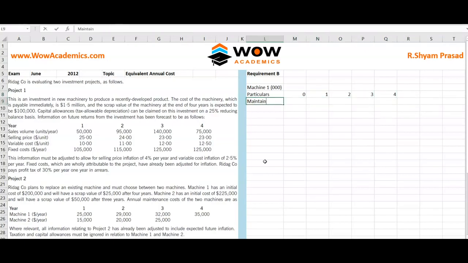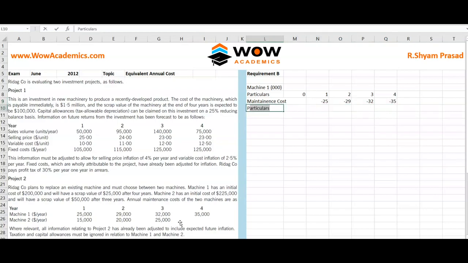So we'll start from the maintenance cost. Maintenance cost is 25,000, then it comes to 29,000, then a negative 32,000, and finally a negative 35,000.